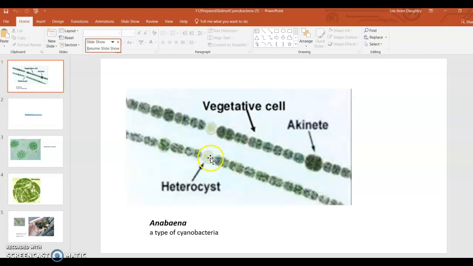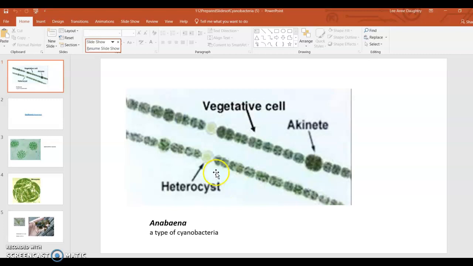And for the heterocyst, you could look this up online to find the answer. Some of you were wondering how to find the function of the heterocyst. You could just Google heterocyst, and I've read the Wikipedia explanation, and it's just fine.